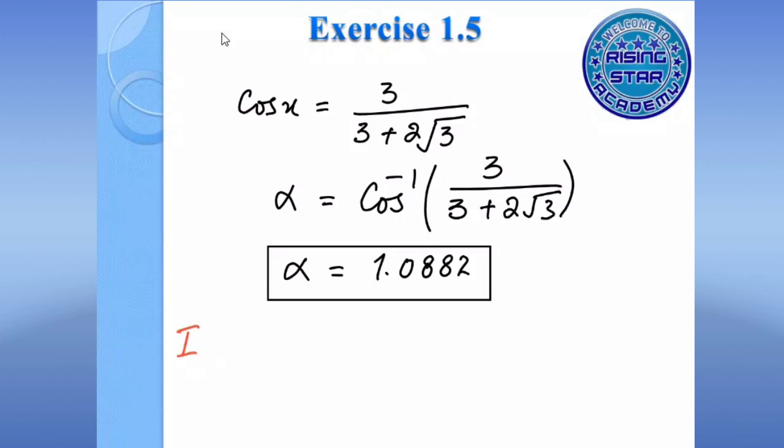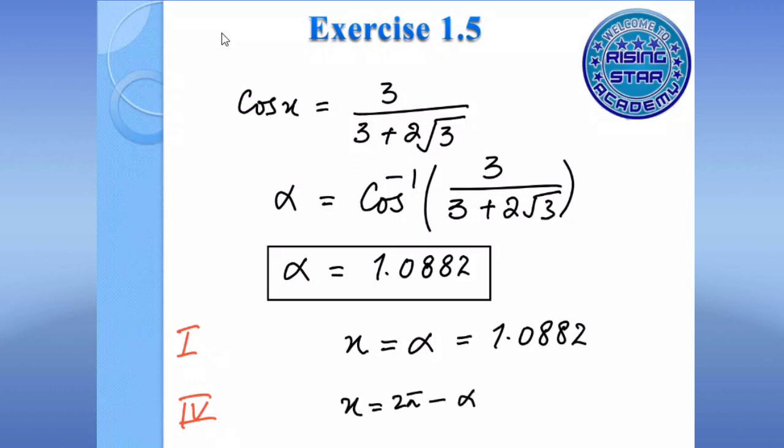So our x would become equal to alpha. So that would be 1.0882. And for the fourth quadrant, we have x is equal to 2 pi minus alpha.